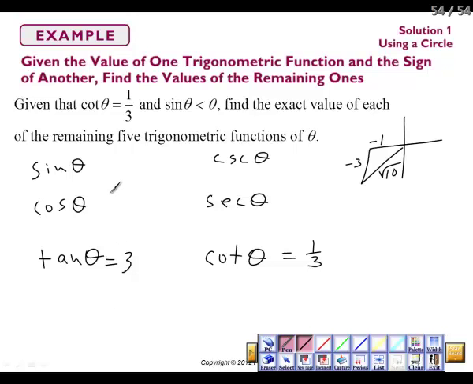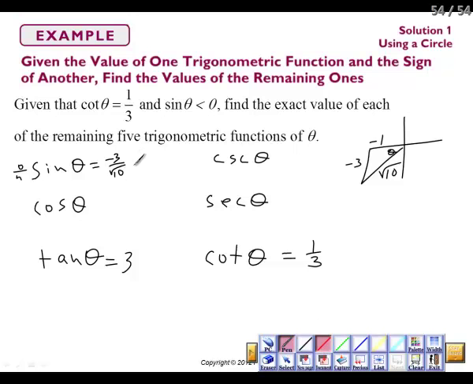So now we want to find sine. Well, sine is opposite over hypotenuse. So opposite is -3 over hypotenuse. We're looking at this as angle theta. This would be -3 over square root of 10. Well, we have to rationalize that, right?